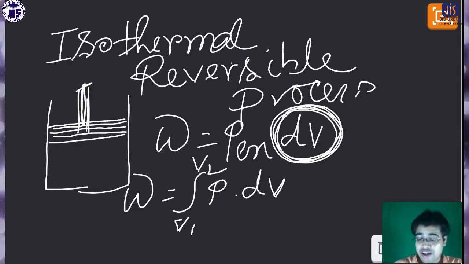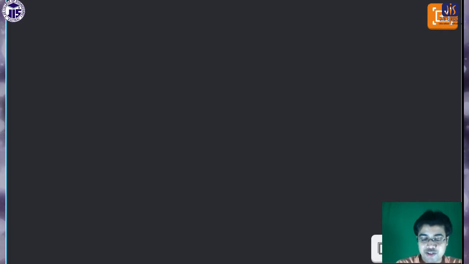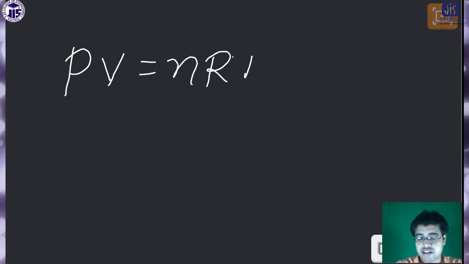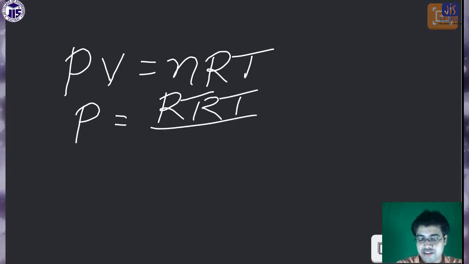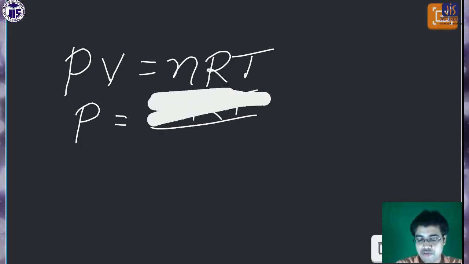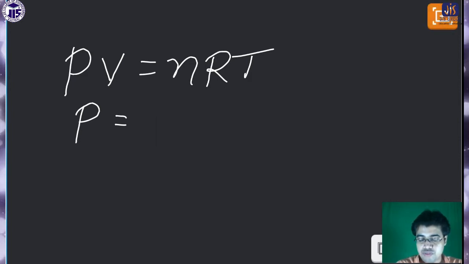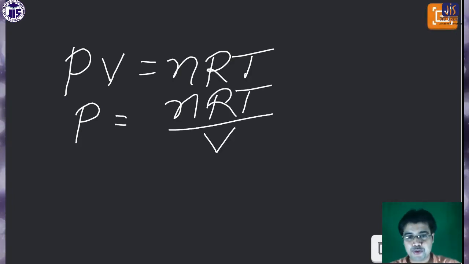Now all of you know very well the relation PV equals nRT, isn't it? So if PV is equal to nRT, then P is equal to nRT by V. Just put this expression of P into the equation of the work.